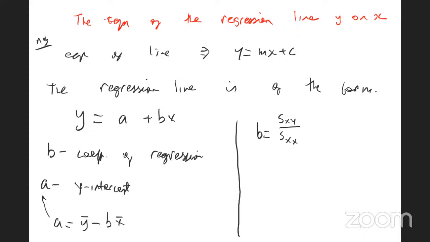SXY is the sum of XY minus the sum of X times the sum of Y on N. And how do you get SXX? Same thing, sum of X squared minus the sum of X all squared on N. Copy that down.